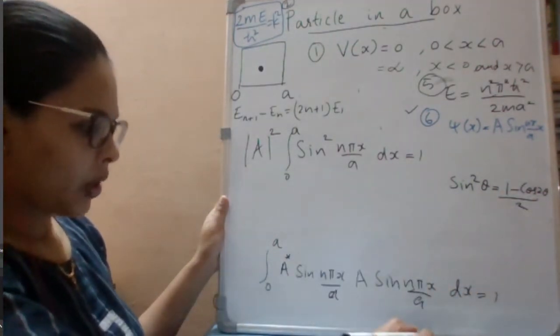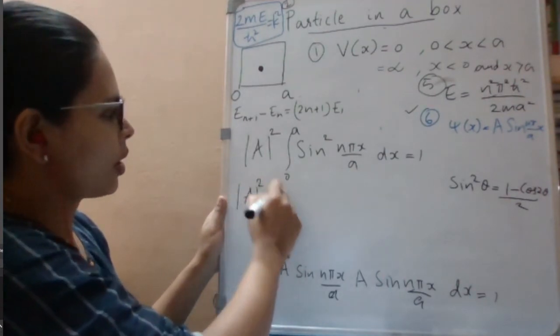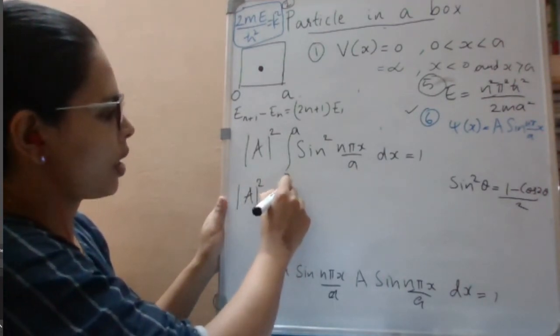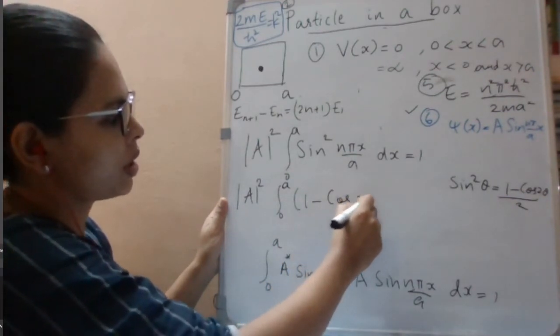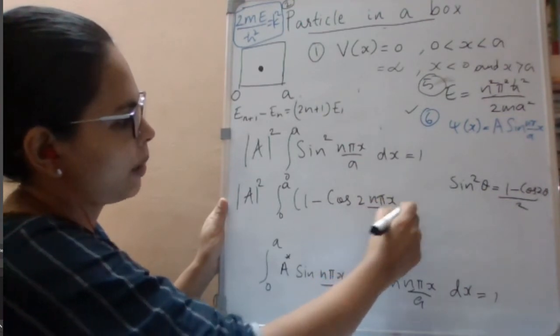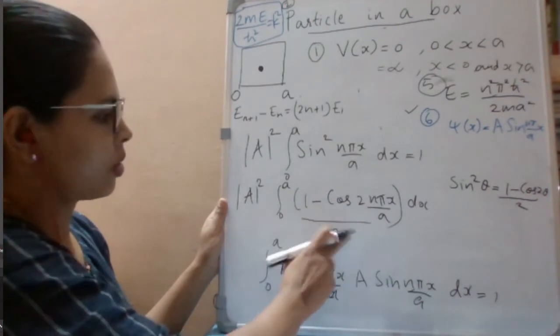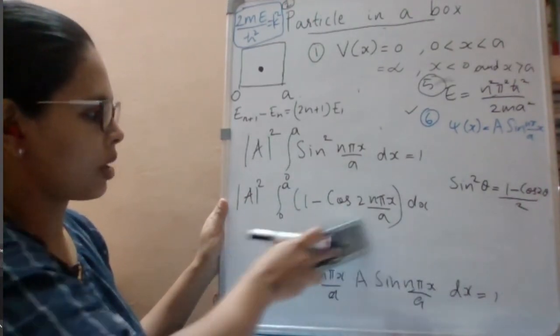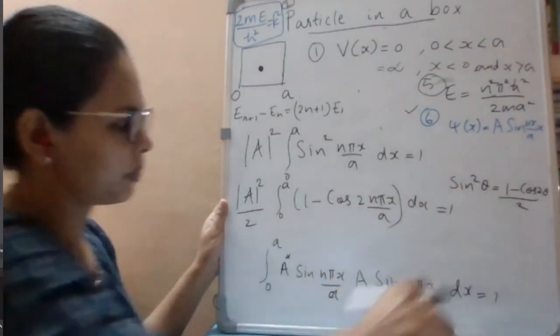Let us use that identity: mod A square integral 0 to a of 1 minus cos 2 theta, meaning 2n pi x by a, dx divided by 2. This 2 can be taken outside because it is a constant, and it is equal to 1.